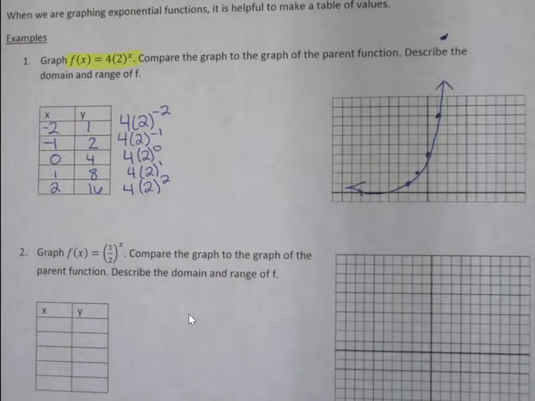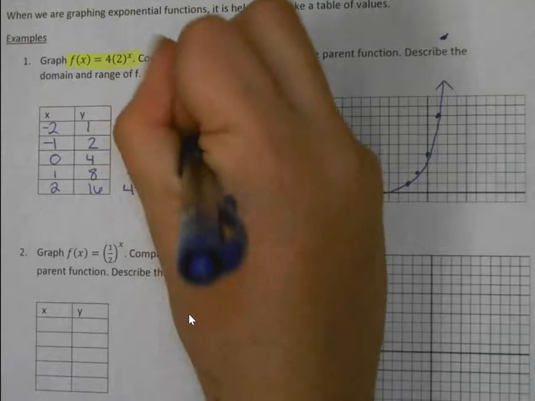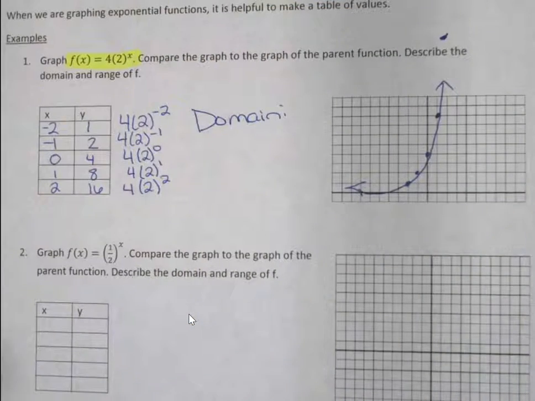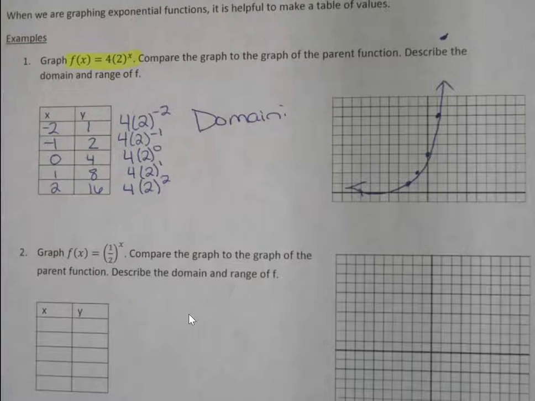It touches the black line, but it doesn't go past the black line. Okay, so this question also wants me to give my domain and range. What is my domain? Do you remember what letter domain goes with?